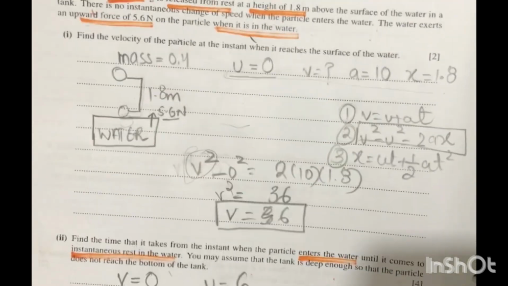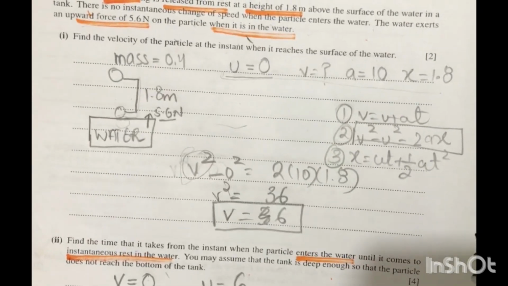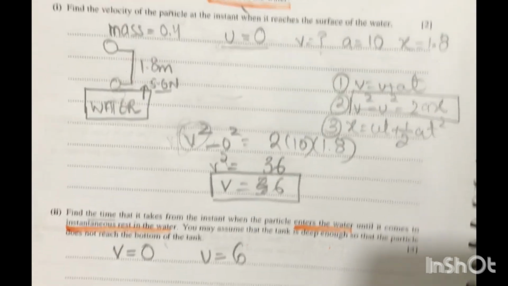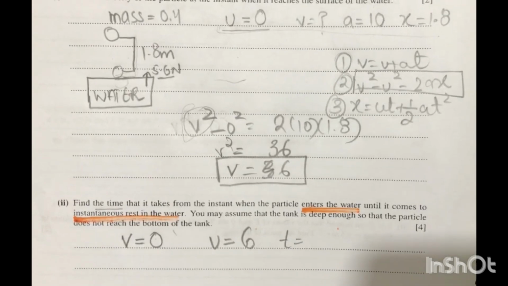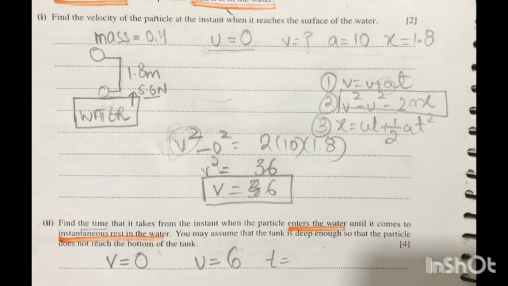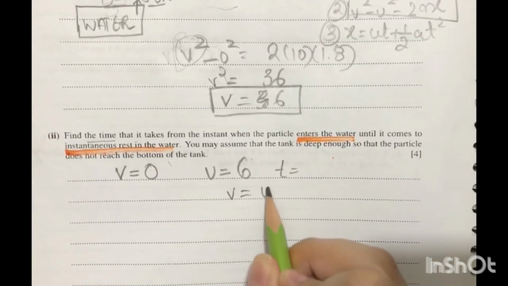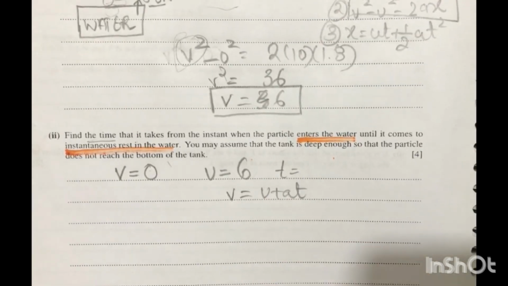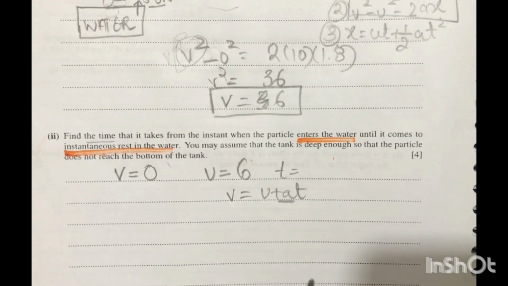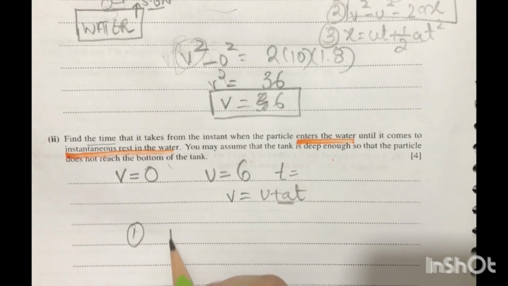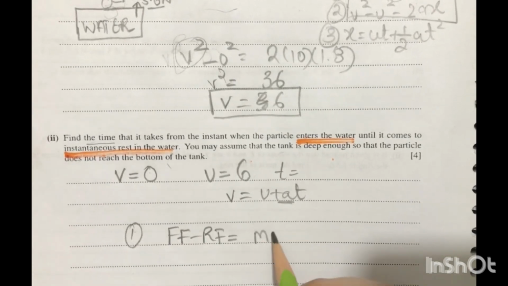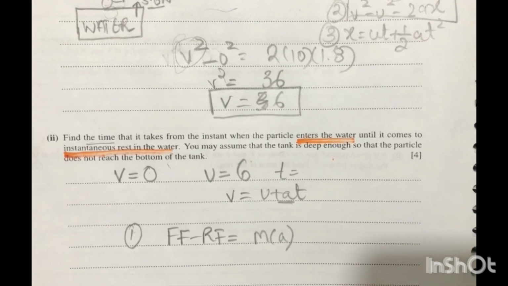Now we can also use these formulas again in this part. In this we have to find out the time, so the time is the missing variable. So we can use this formula if we have acceleration, which is V equals U plus AT. And we can find the acceleration using the forces formula, which is that forward force minus resistive force equals the mass multiplied by the acceleration.